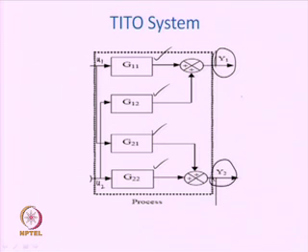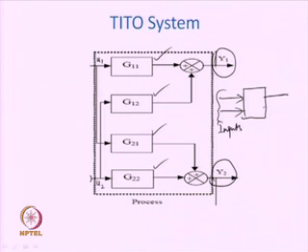The same TITO system can be represented in block diagram form as a block having 2 inputs and 2 outputs. Now, it appears very simple, but when there is sufficient loop interaction between the subsystems, the TITO system appears very different from a single input, single output system.